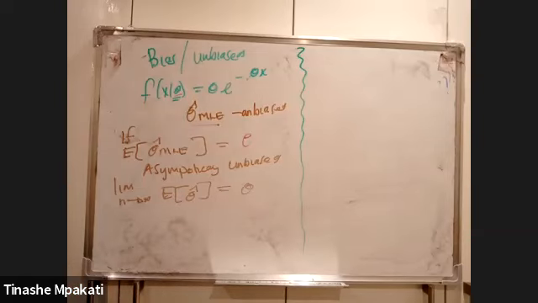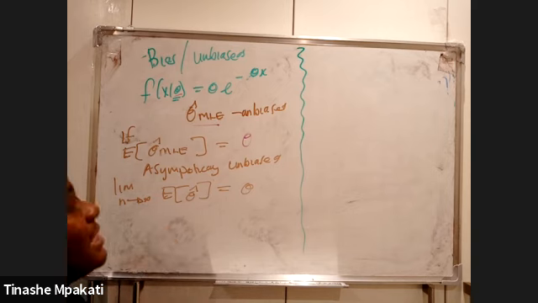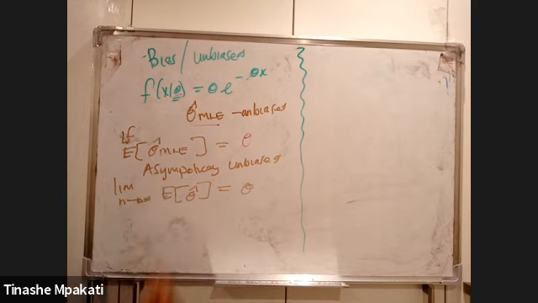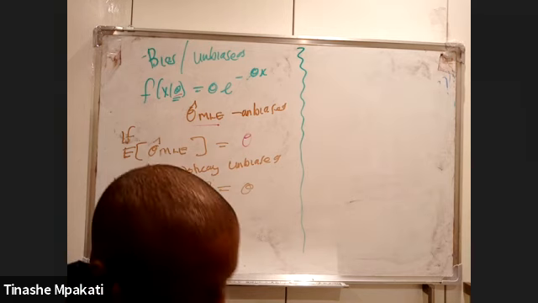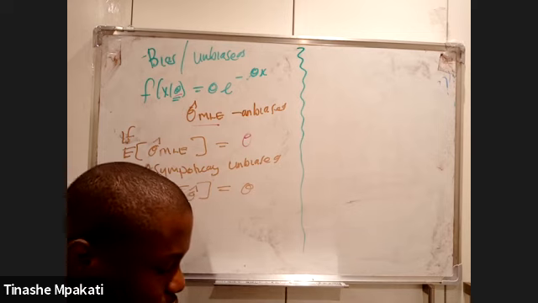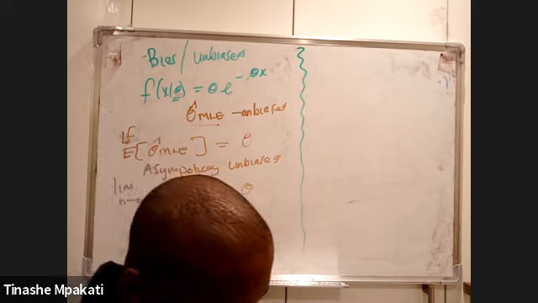If it specifically asks you if it's asymptotically unbiased, this is the condition you need to show. But if the question is just asking for bias, then all you have to do is to show that the earlier condition is true.